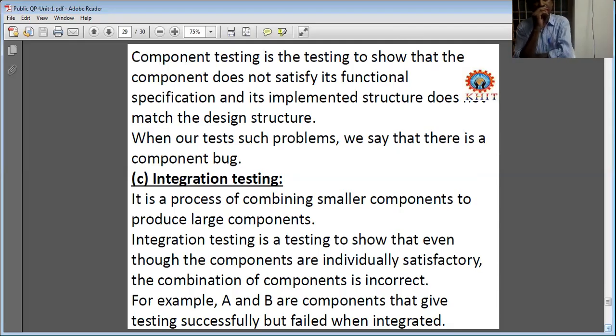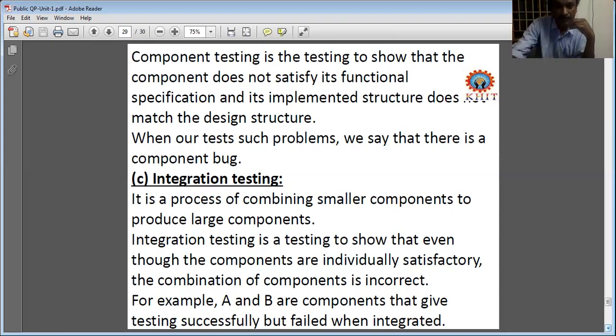Integration testing is a testing technique to show that even though the components are individually satisfactory, the combination of components is incorrect.